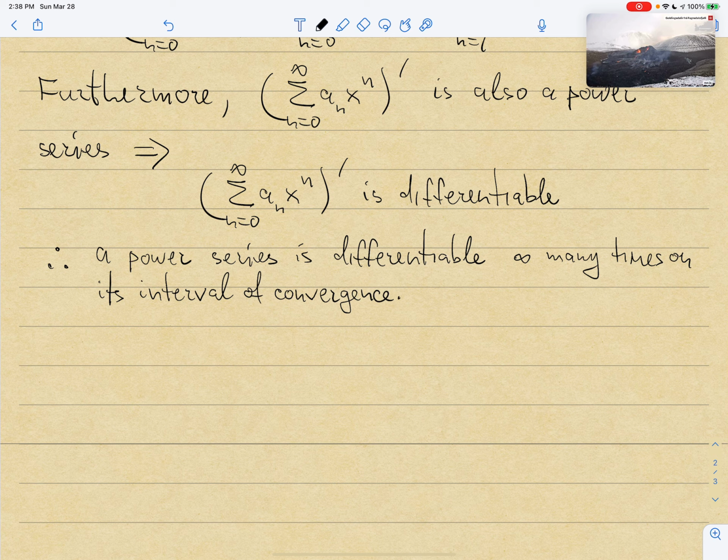Fine. Okay, so again, to summarize, a power series is going to be a continuous differentiable function, and not only it's differentiable, but it's differentiable infinitely many times. Everything on its interval of convergence.